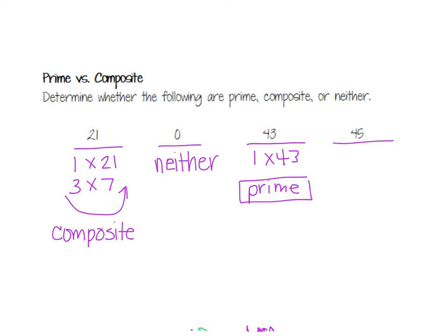Here we have 45. So every one will start out with 1 times 45. 2 won't go into it because it is even. What about 3? If you did the math or know your facts, you know that 3 will go in there 15 times.